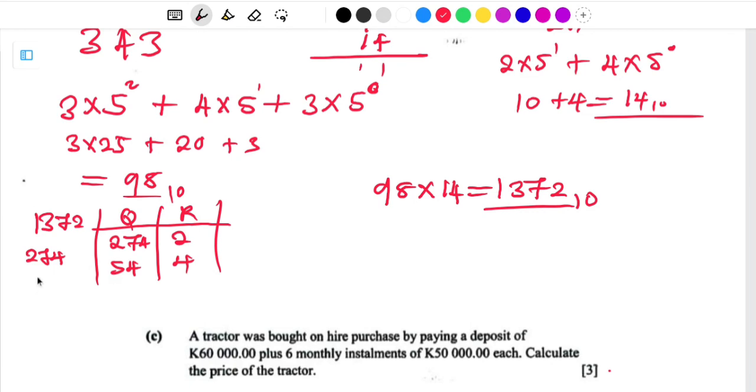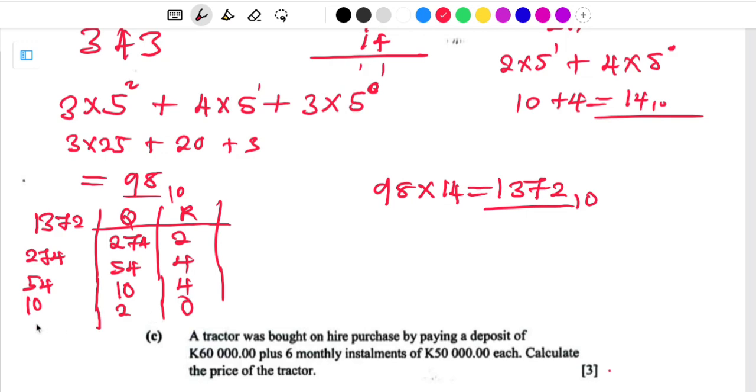Then I'm going to write 54 here, then divide it by 5. Then what am I going to get? I'm going to get 10, then remainder 4. Then I'm going to get 10 here, then divide it by 5. What am I going to get here? I'm going to get 2. Then the remainder is just going to be 0.